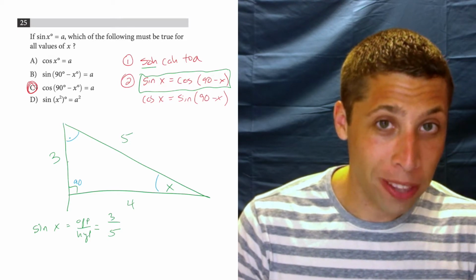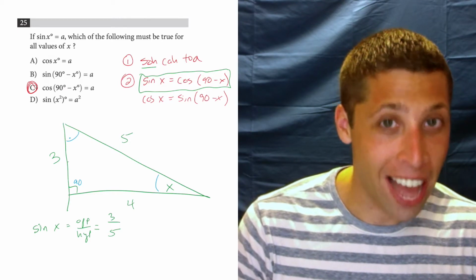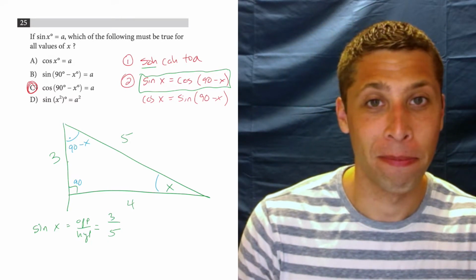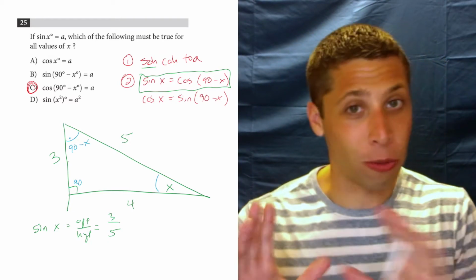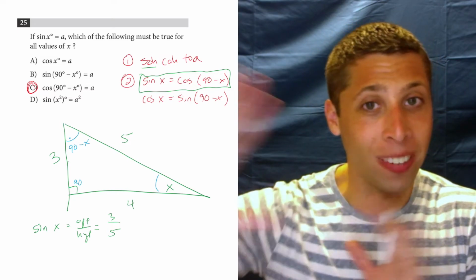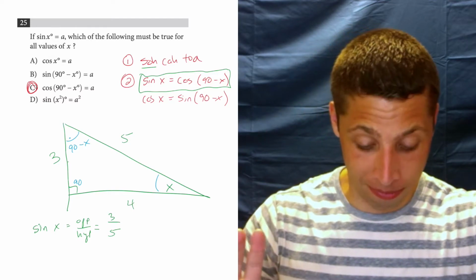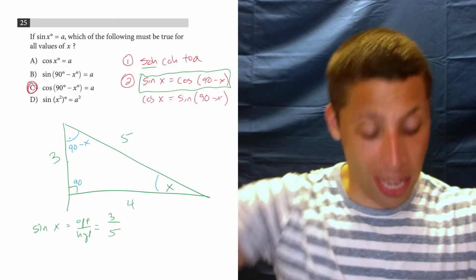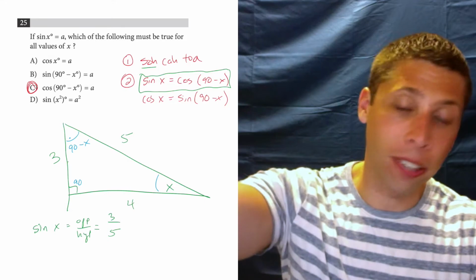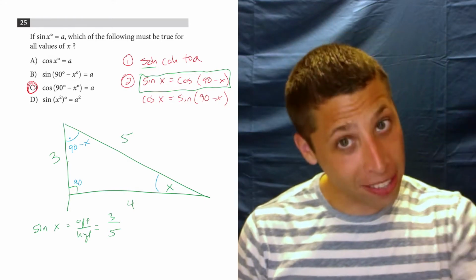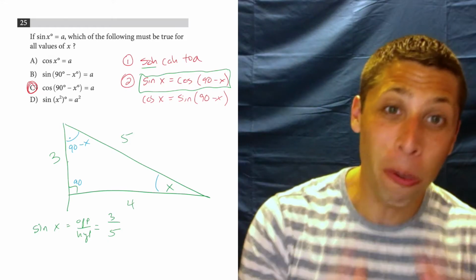So no matter what this x is, if that's x, this has to be 90 minus x. Right? So think about a triangle. It's a right triangle. So 90 is already taken care of. We've got 90 left to spare. If the x is 30, that other angle is 60. If the x is 45, the other angle is 45. If the x is 10, the other angle is 80. If the x is 80, the other angle is 10. They always have to add to 90.